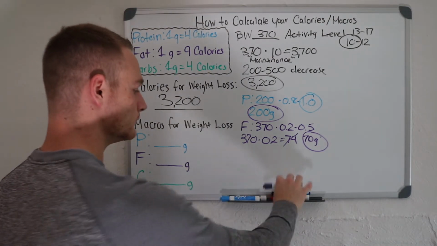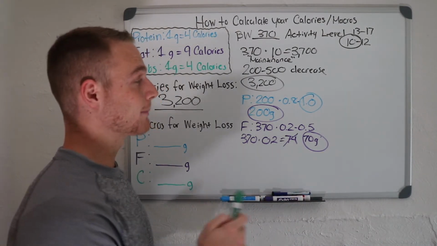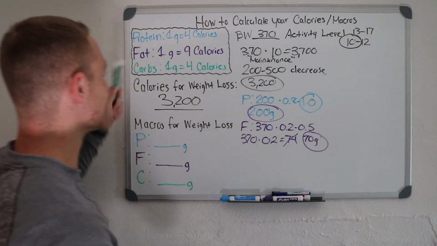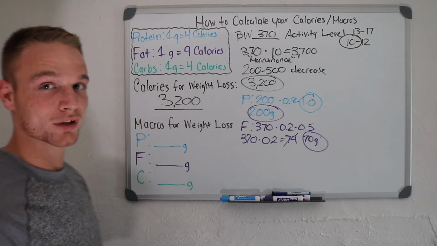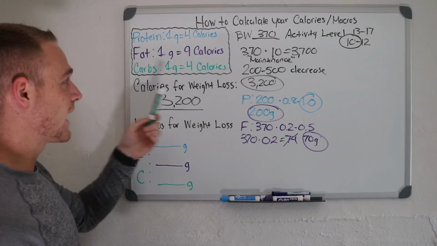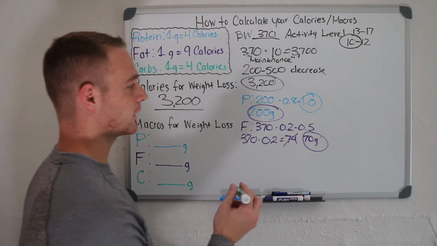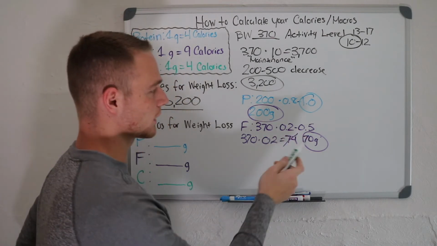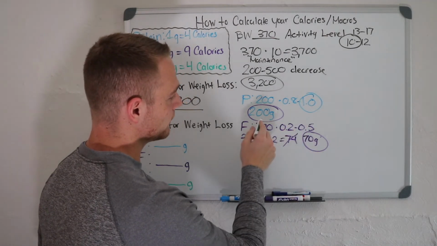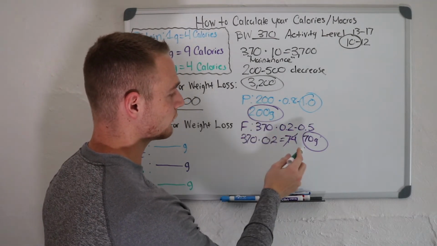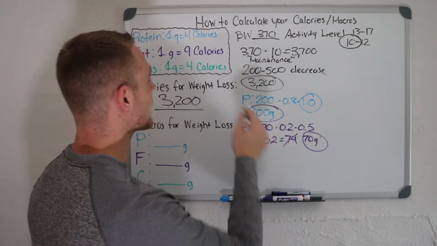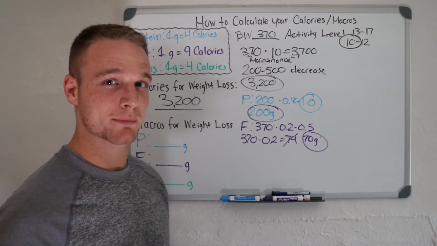So super simple. Now remember in the beginning I mentioned this: protein is 4 calories a gram, fat is 9 calories a gram, carbs are 4 calories per gram. To figure out your carbs, you're actually going to take your protein and your fat and multiply them by their respective calorie amounts.